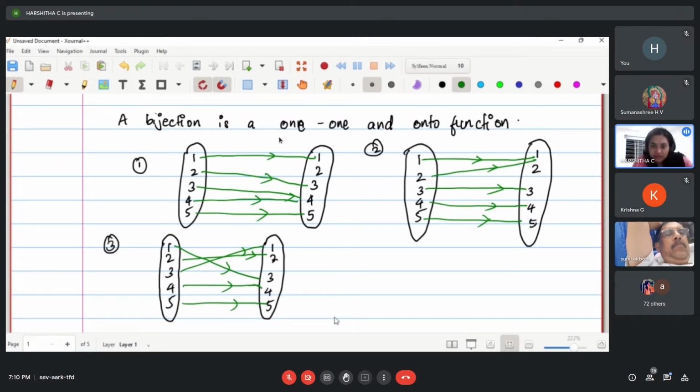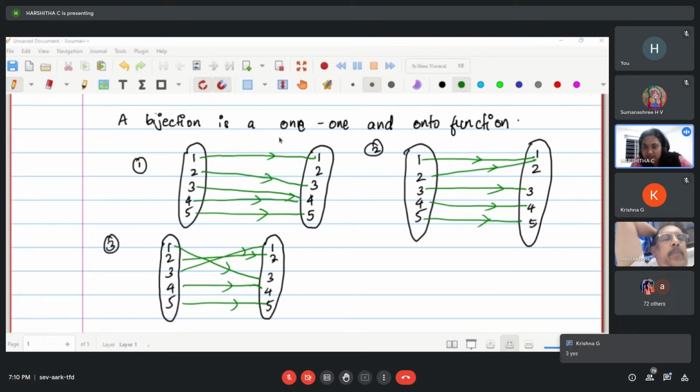Right. So out of 1, 2, 3, which of them are permutations and which are not? Can somebody reply?